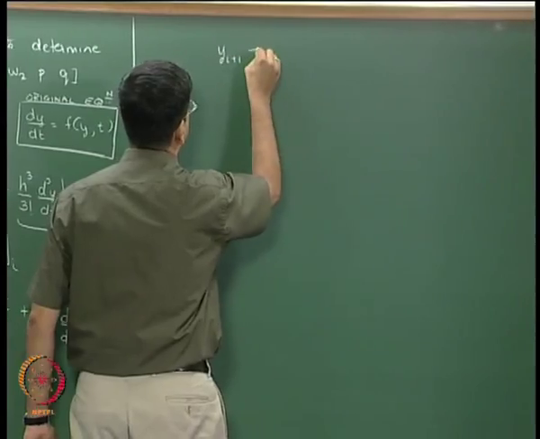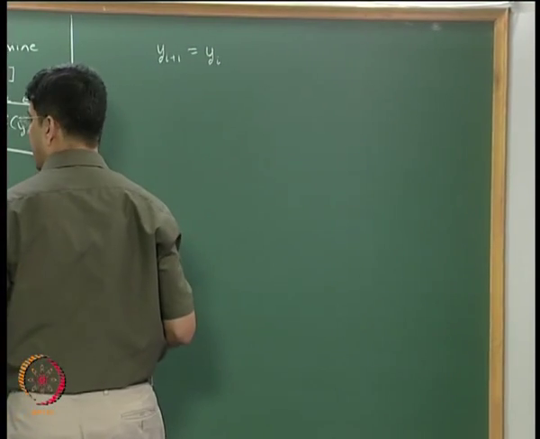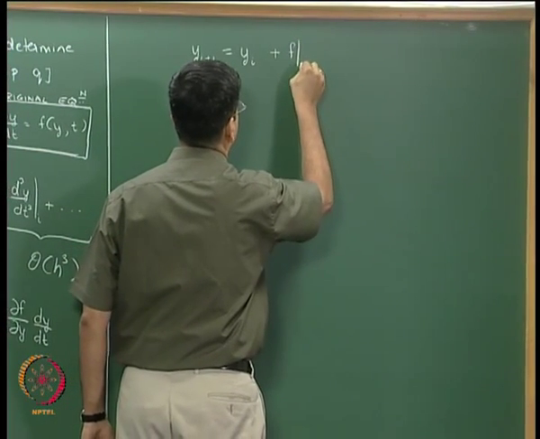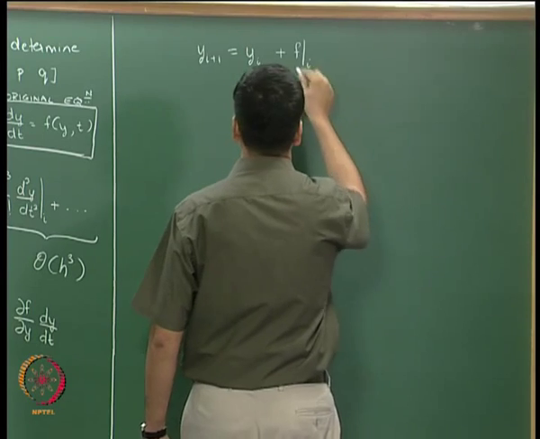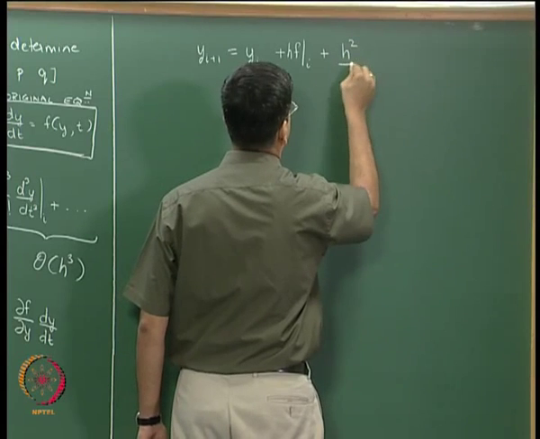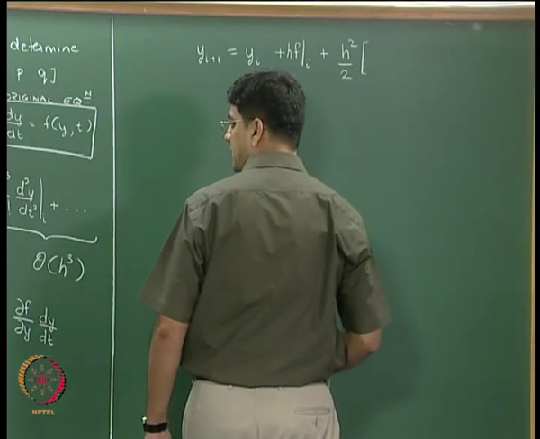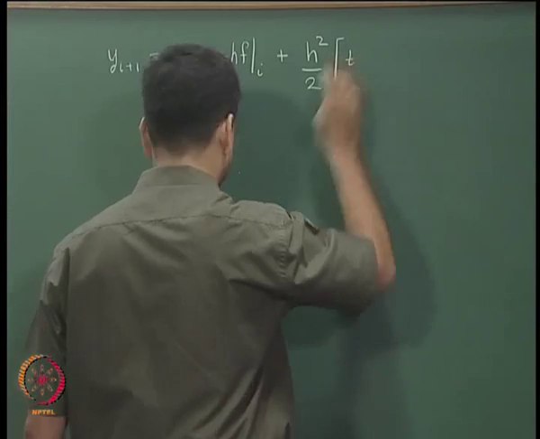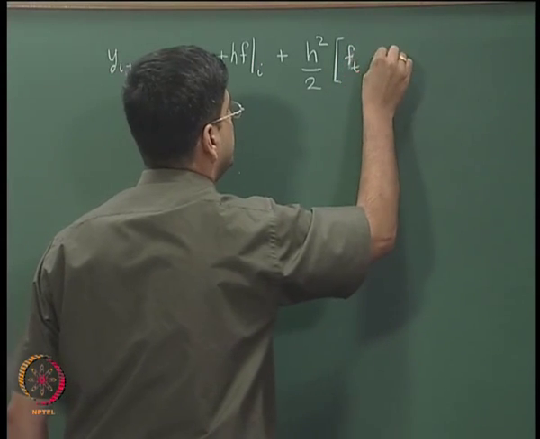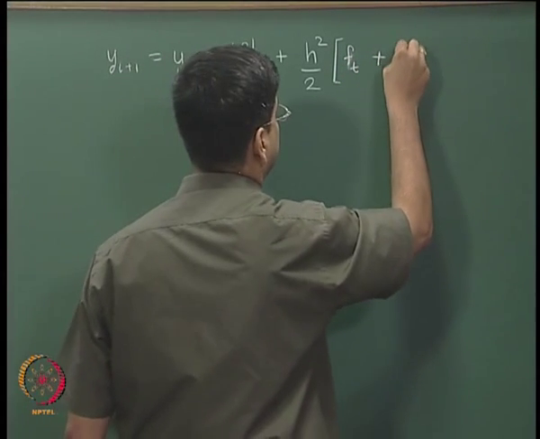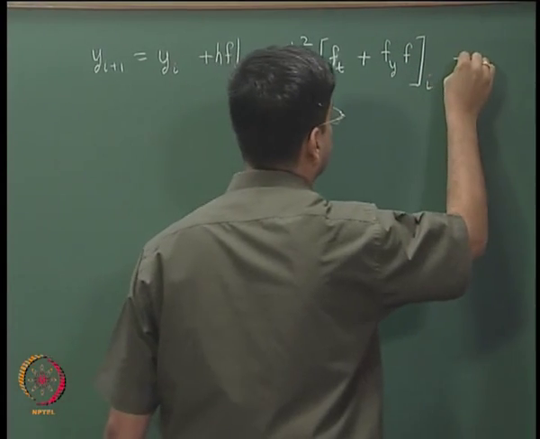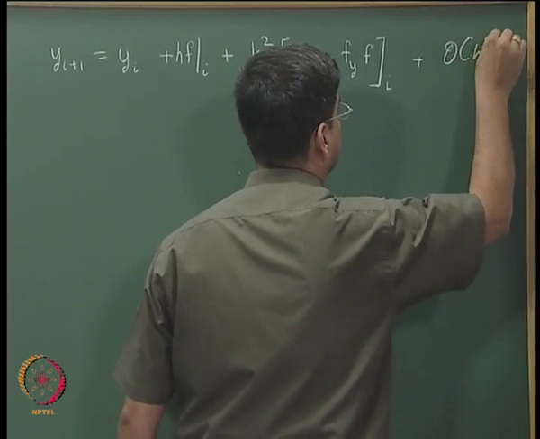So yi plus 1 is going to be equal to yi plus f computed at yi comma ti multiplied by h plus h squared by 2 multiplied by f of t plus f of y multiplied by f computed at yi comma ti plus order h cubed.